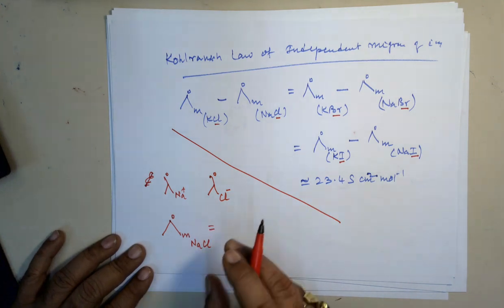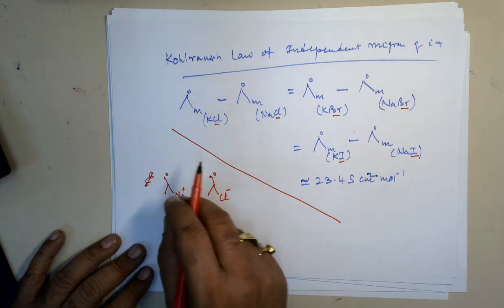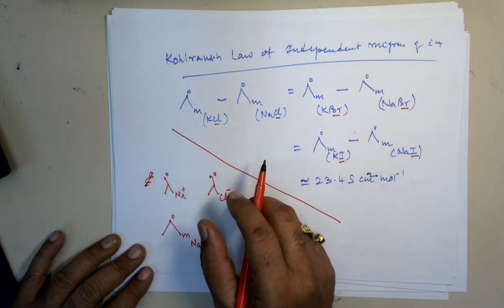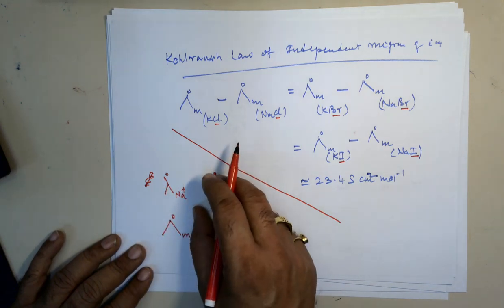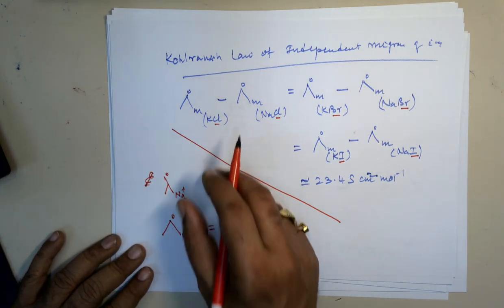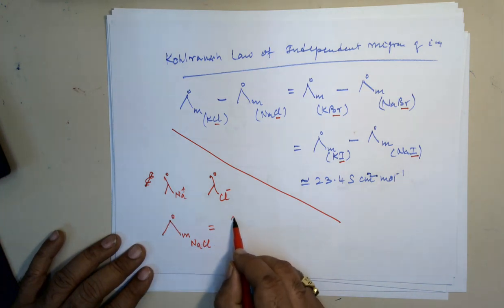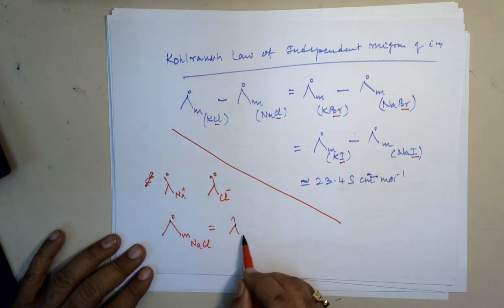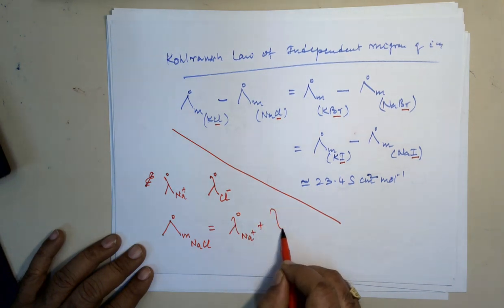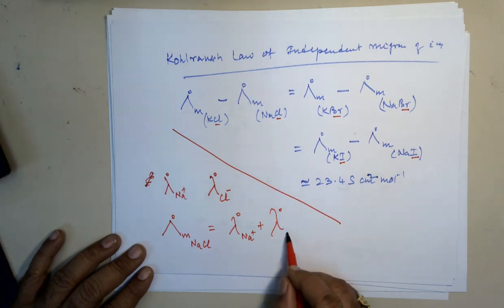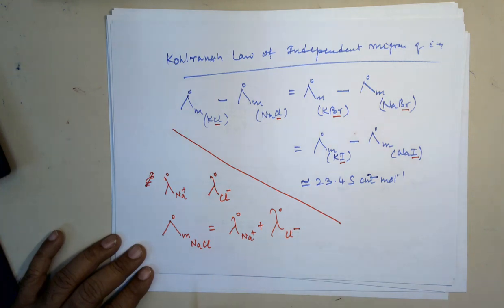The sum of participating ionic conductance, participating ions conductivity values. It means lambda not m of NaCl is equal to small lambda not of Na plus plus lambda not of Cl minus. So it is the sum. Now you please go through that.